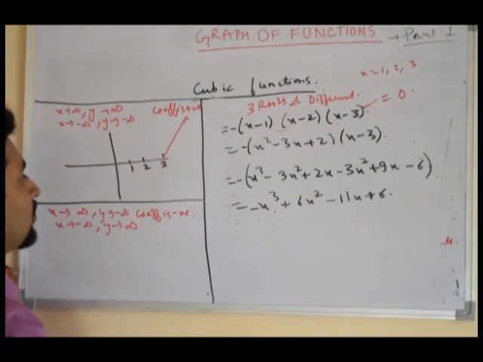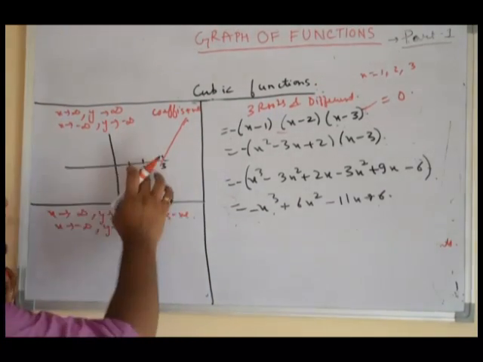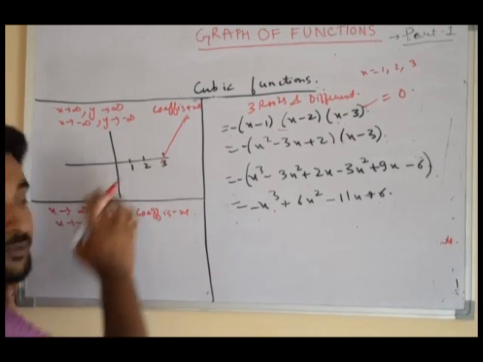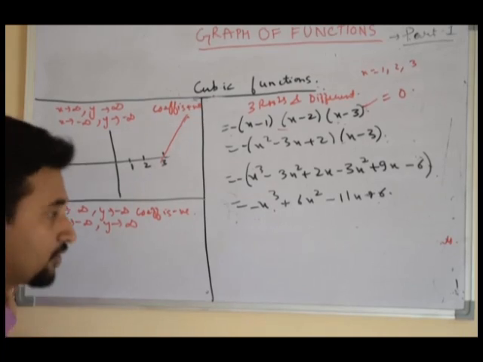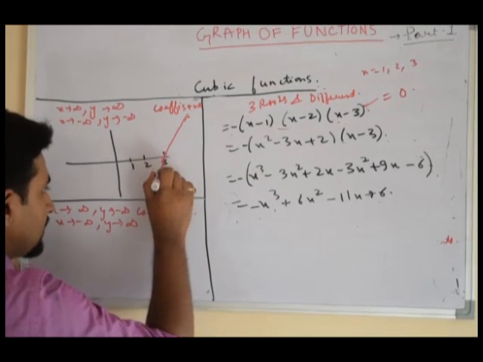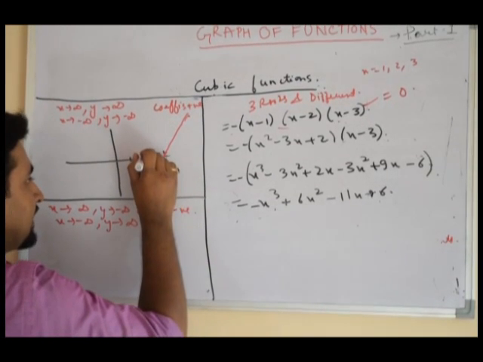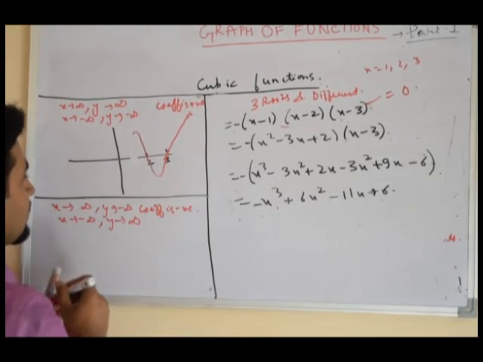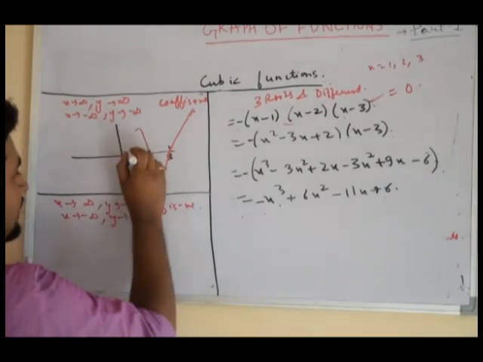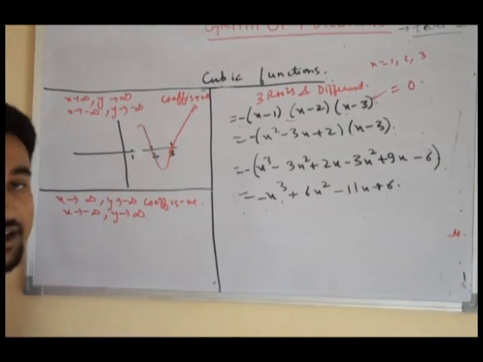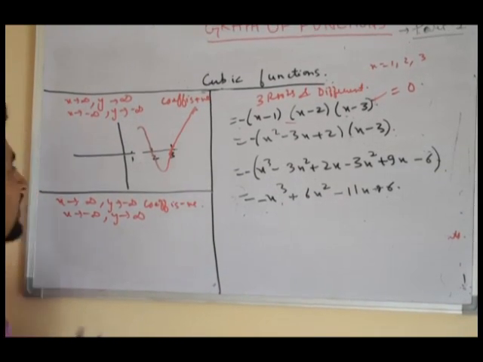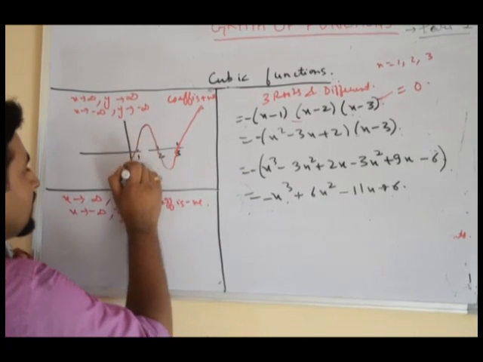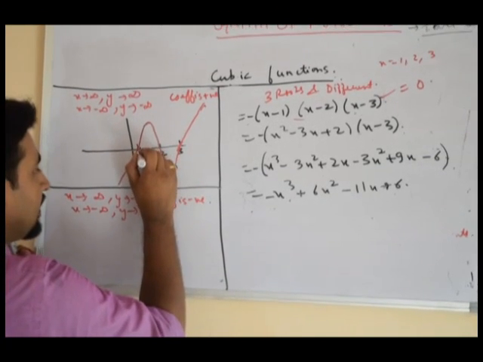Now we need to pass the graph through 2 and 3 also. After coming up to this point, the graph would turn like this. Suppose one is here. The graph would turn like this, and when the graph goes upwards, it again continues like this with one here.